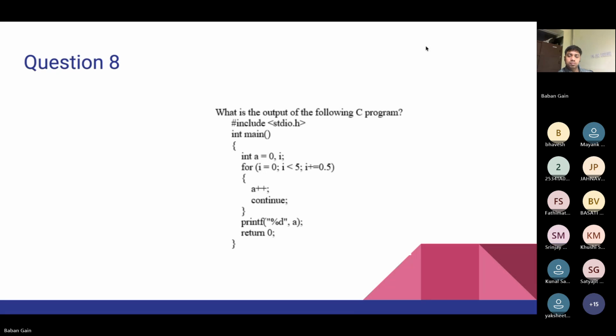Sir, 10. Okay, any other answer? So there will be only one output, 10. Okay. Any other answer?